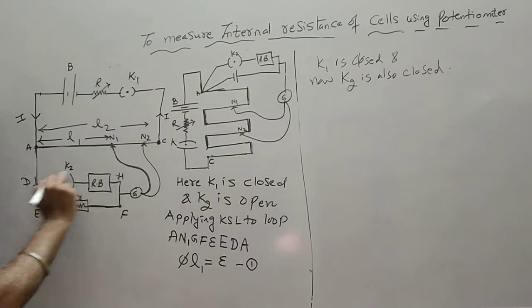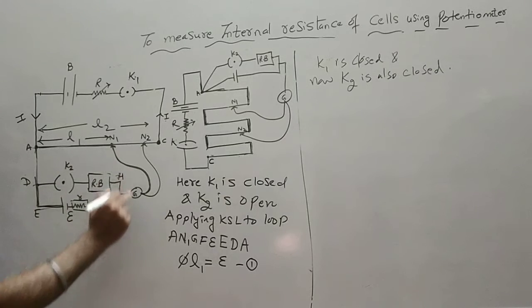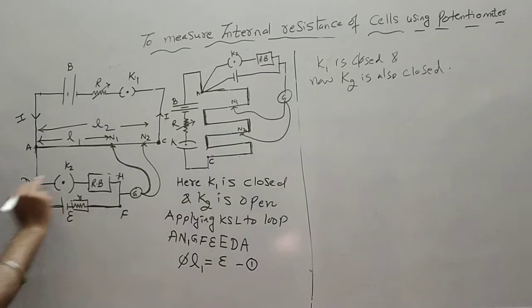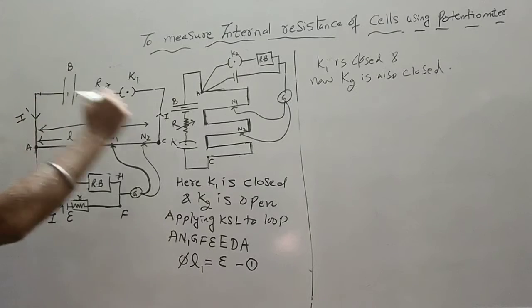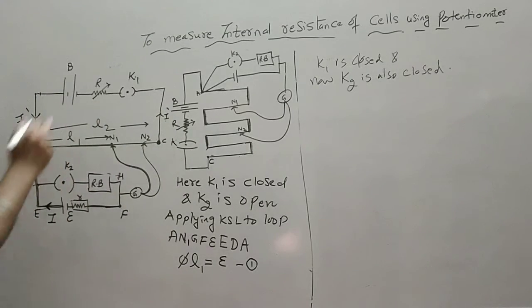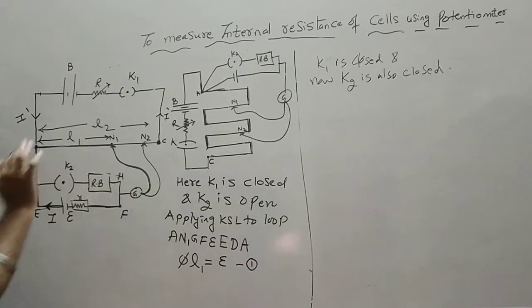But you see this loop, E, D, H, F, E. The loop is completed. There is a cell also. So some current will start flowing. Say the current is I, name this current as I dash. So that current will flow through AC dash like this. The galvanometer is showing zero deflection.